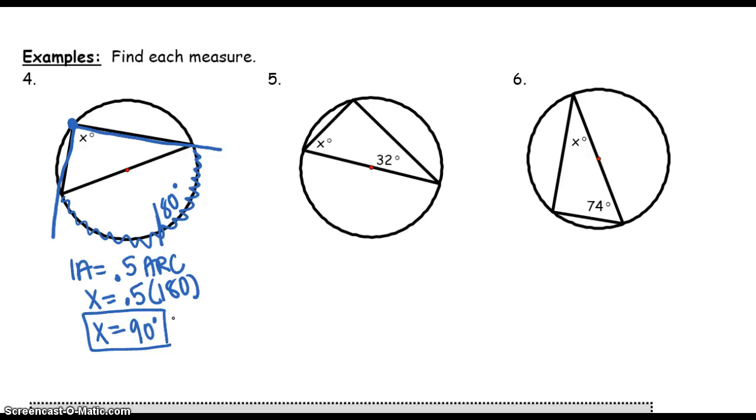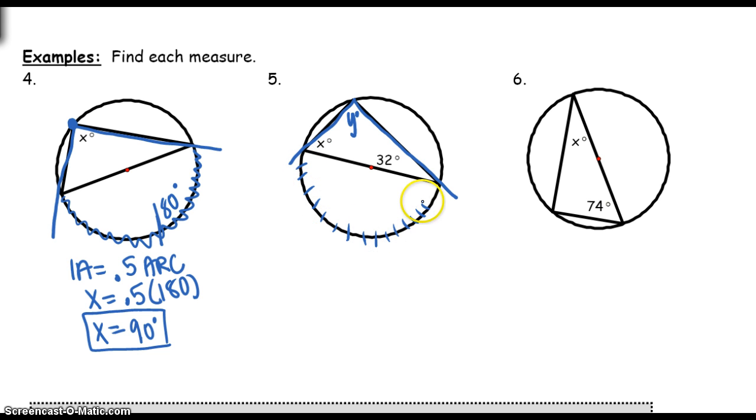Not a lot we can do here to find x because I don't know this arc, so I don't know the angle and I don't know this arc, right? But let's see what we can do inside here. Well, can I find out what this is? I'm just going to call this y since we don't know what it is. And check out what y is doing. This is a mouth. What is it eating?